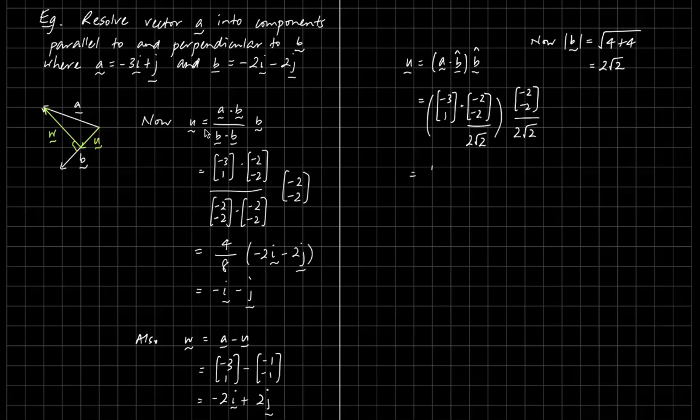Otherwise, we'd be saying 1 over 2 root 2, and then the dot product of -3, 1 and -2, 2 is going to be +4, isn't it? And then it's all of that times 1 over 2 root 2 (-2i minus 2j). So 4 over 2 root 2 is just 2 over root 2.